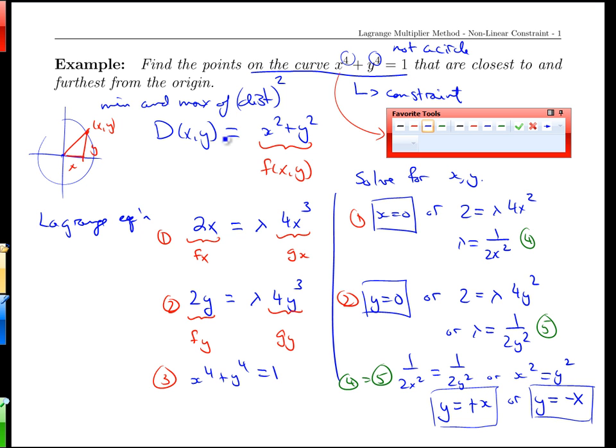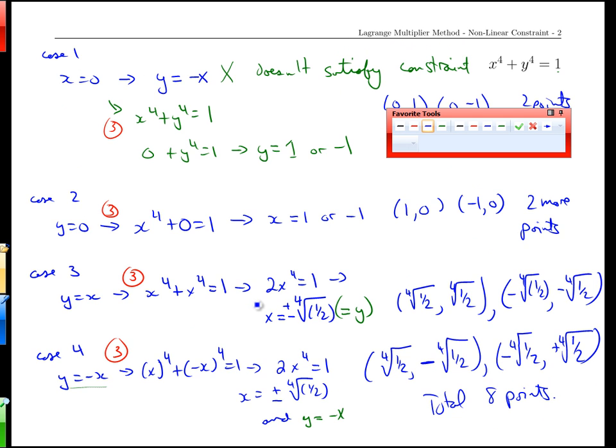To find the points where this function is maximized but still subject to this constraint, we use this constraint to set up our Lagrange equations with the function, and we ended up with several conditions. If any of these conditions were true, we'd have to go through, but we should have these equations satisfied. All of those cases led us down the road to 8 points, 8 xy coordinates that satisfy those original equations.